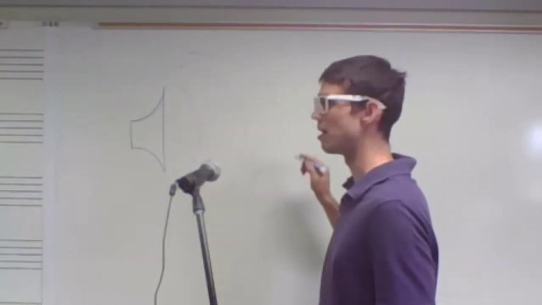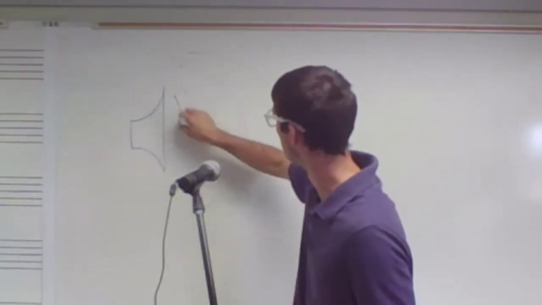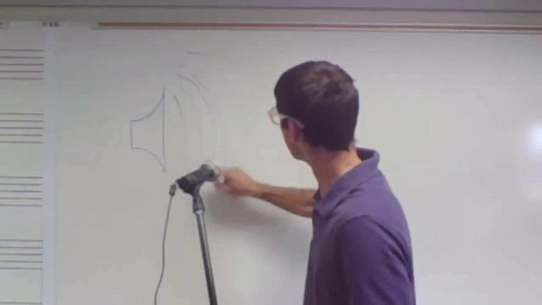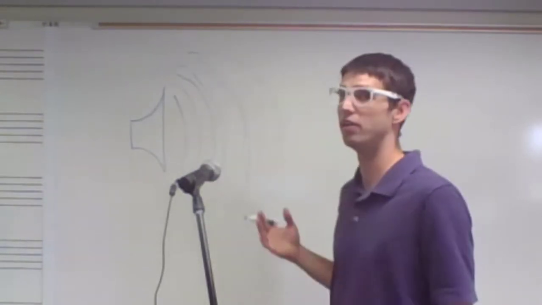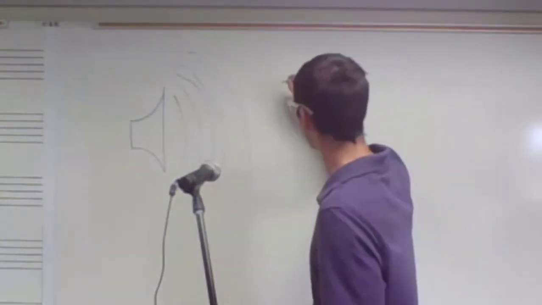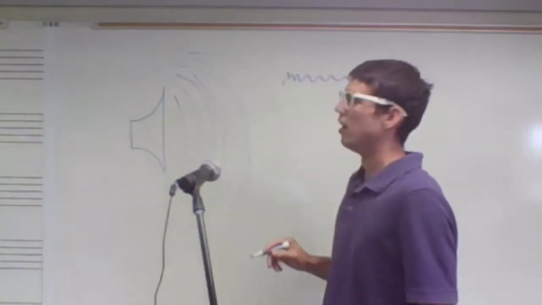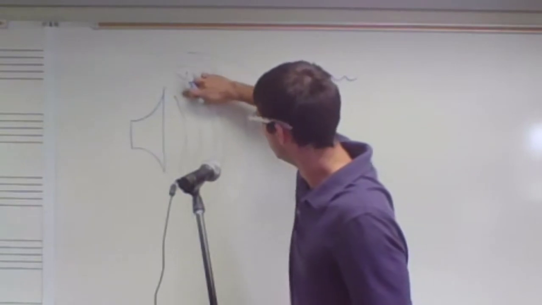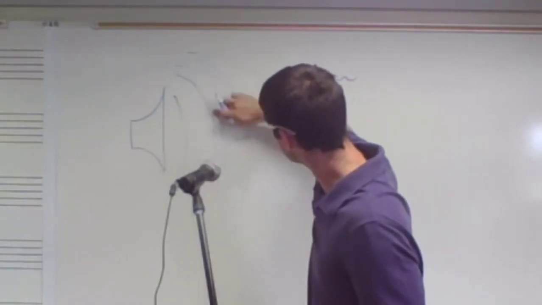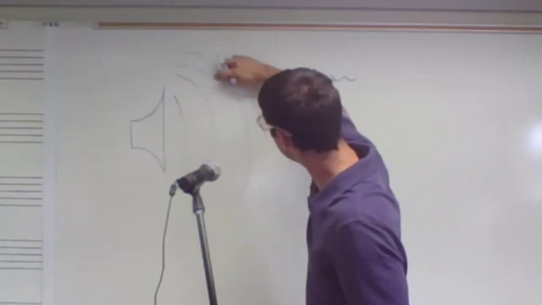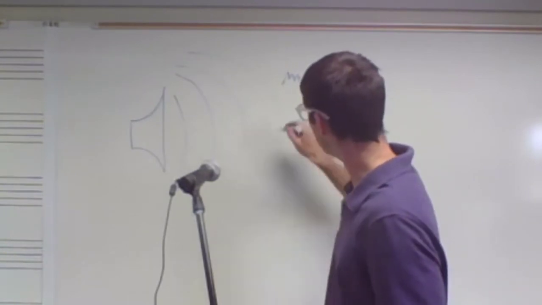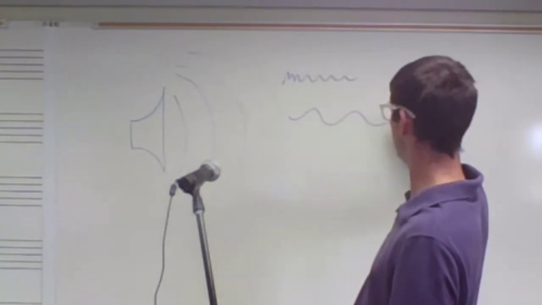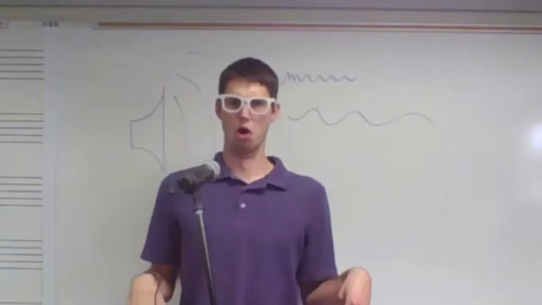So if it vibrates faster, if we add more of these lines and it's vibrating really fast, then we would say it's got like a really fast wavelength and it would look like that. And it would be a high sound. Whereas if it had less vibrations, if it was vibrating slower, then it would be a longer wavelength like this, and it would be a lower sound.